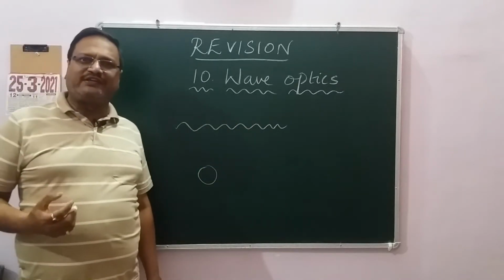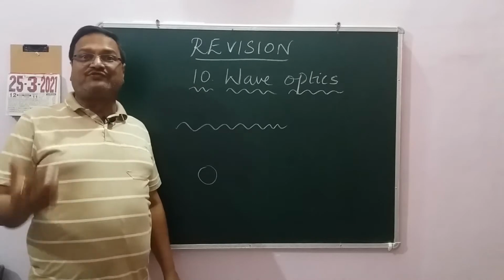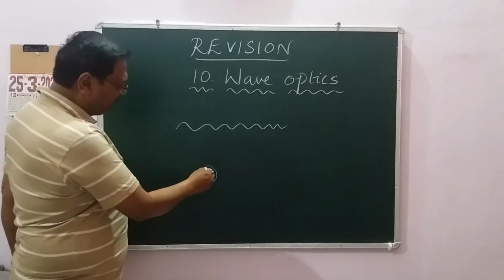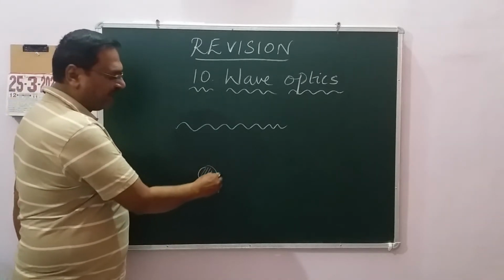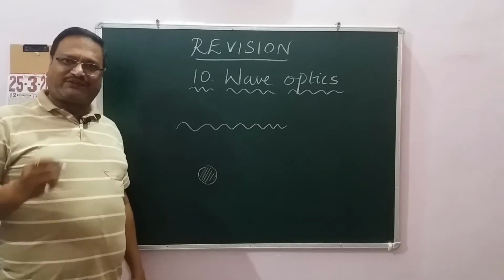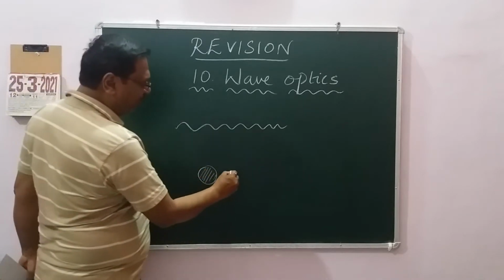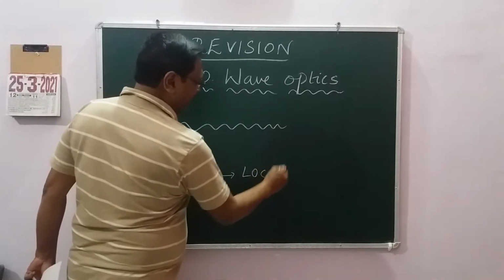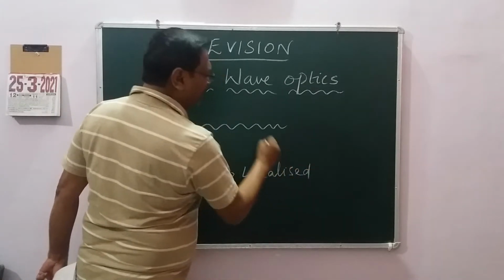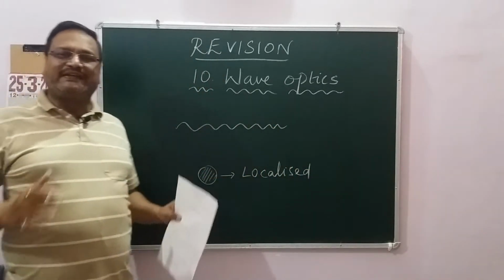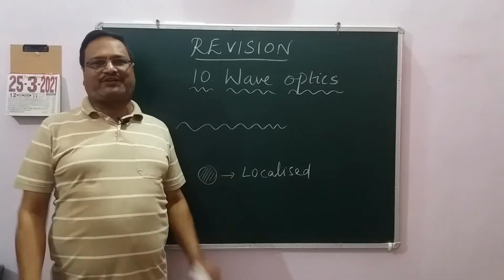Wave nature is by Huygens' Principle, and particle nature was initiated by Sir Isaac Newton, right? And a particle is localized in space, whereas you find that a wave is not localized, it spreads throughout in all directions.